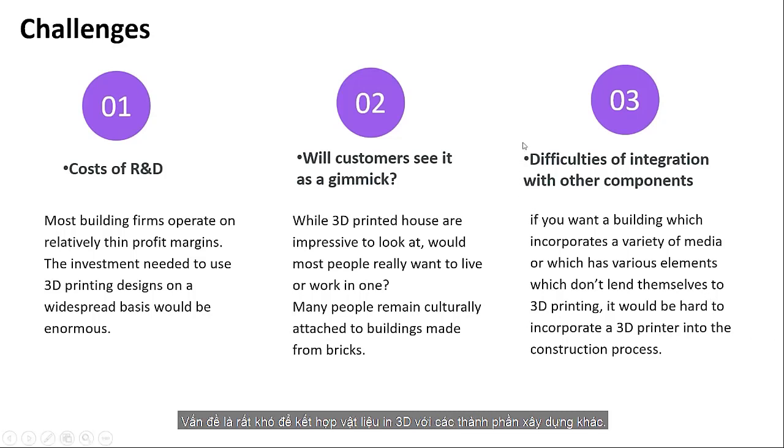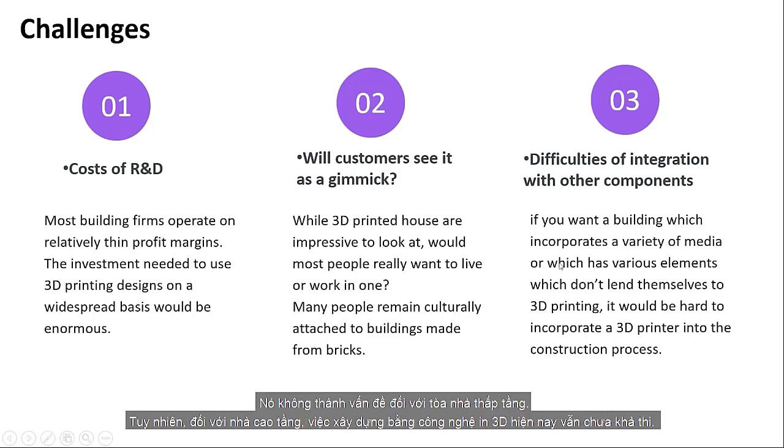And the difficult thing is that it's hard to combine 3D printing with other materials and elements. For example, if you are building a high-rise building, it's very difficult or maybe impossible to do that with 3D printing for now.